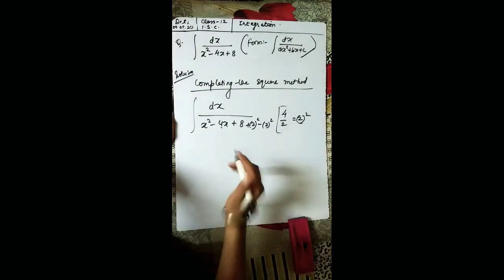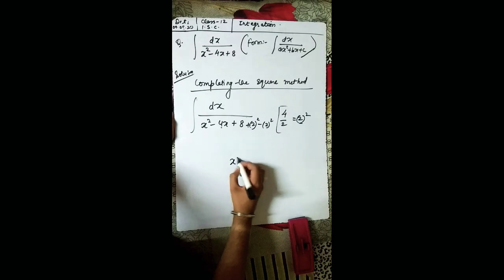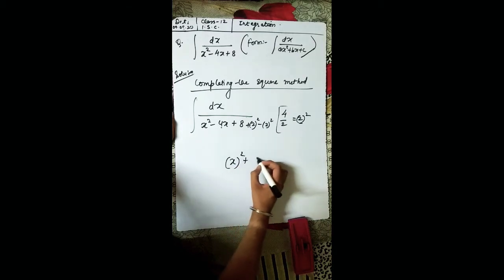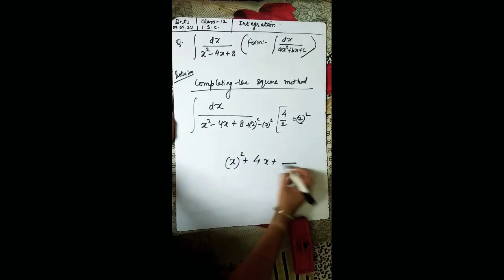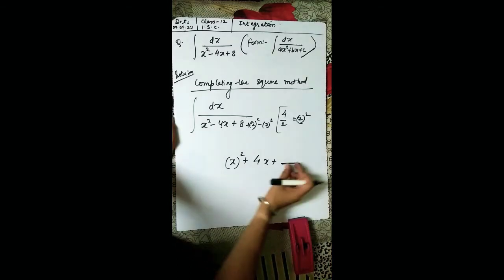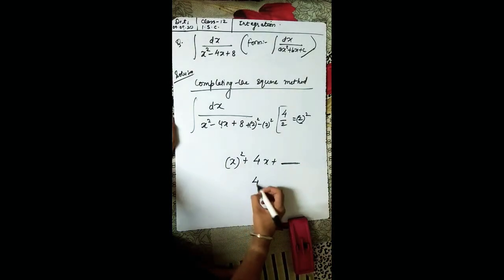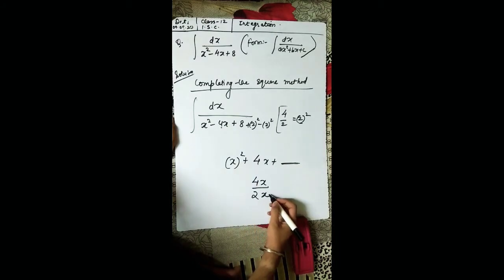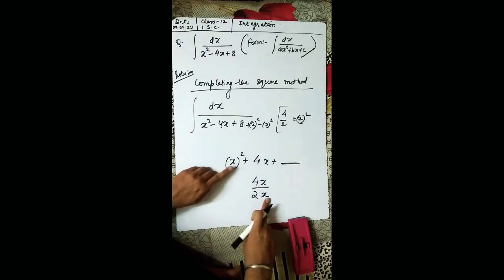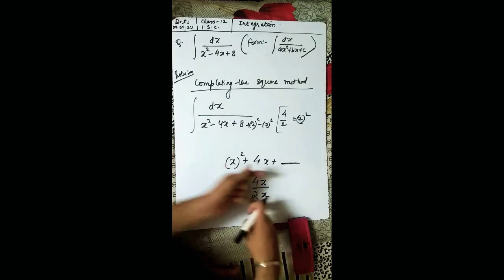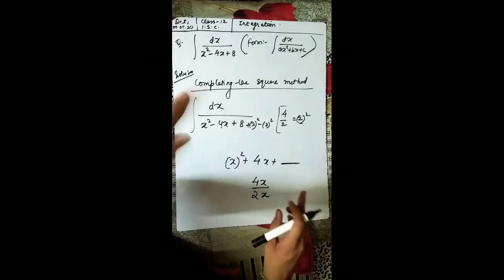Say for example, I'm taking a number that is x square plus 4x plus, can you tell me what will be that particular b term, or what will be the b square, just fill in the blank. So you take the 2ab term and divide it by the 2a term. Okay, this is x. You need to divide by 2. Why? Because we have the 2ab term, so we need to remove that 2 also.